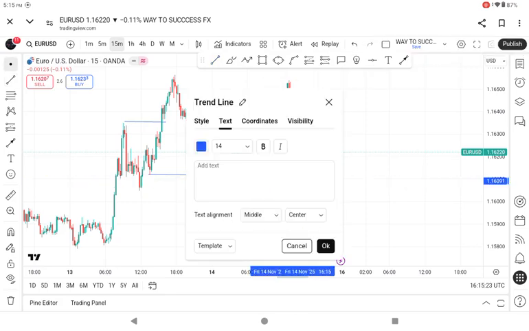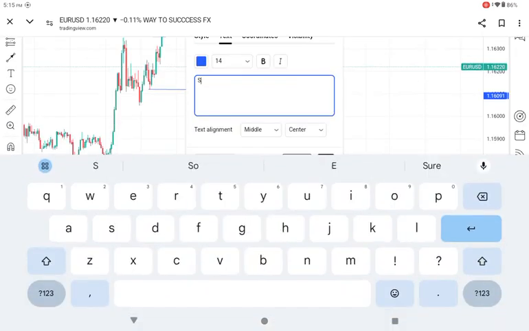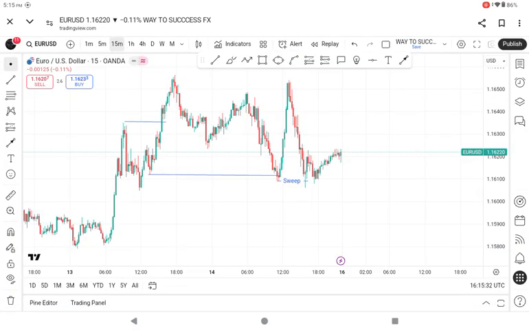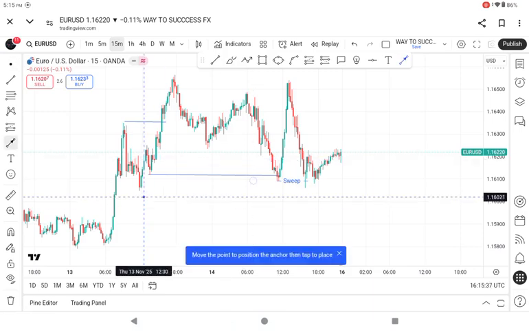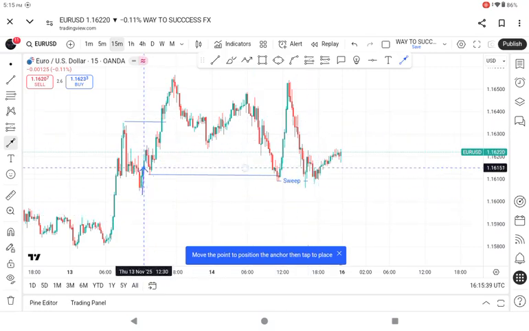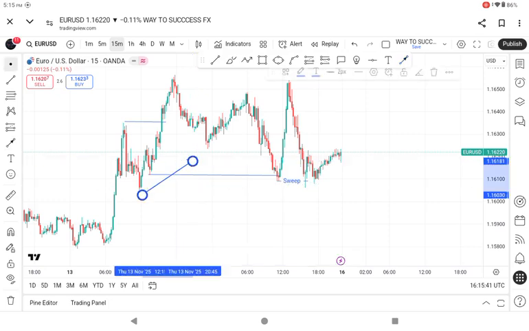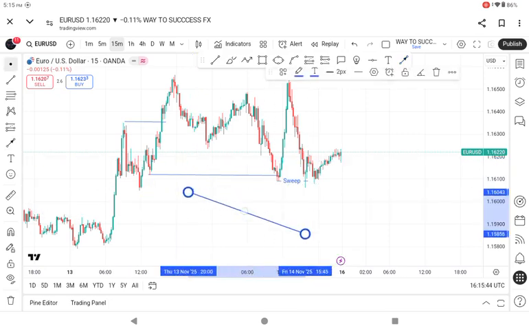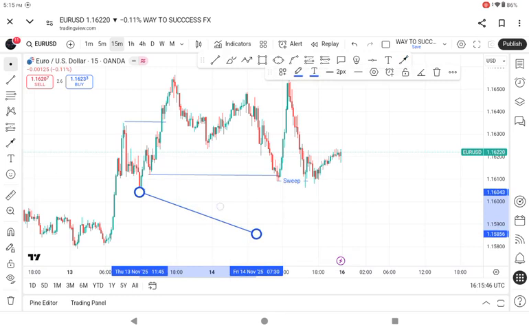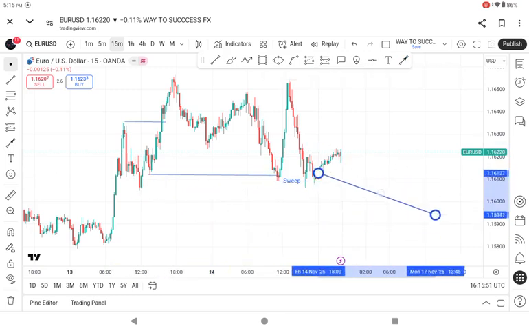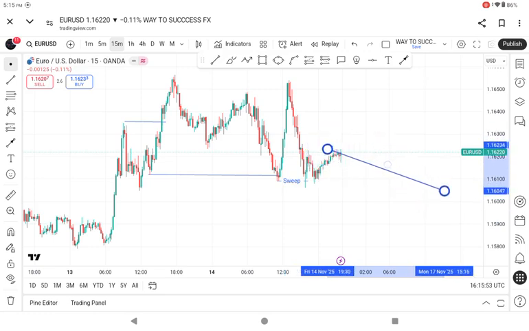Swept this low, but failed to break this low here. And before the weekend, as you can see, the market is printing a bullish movement.